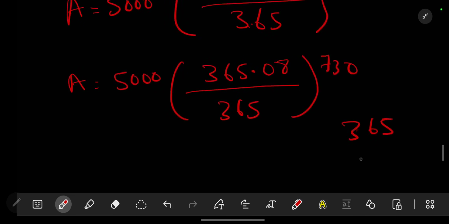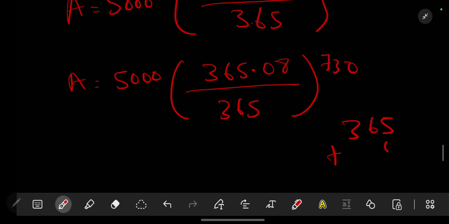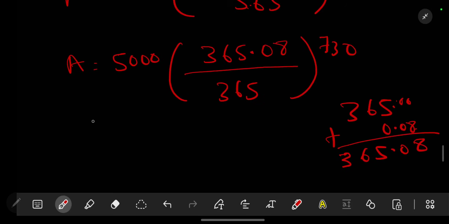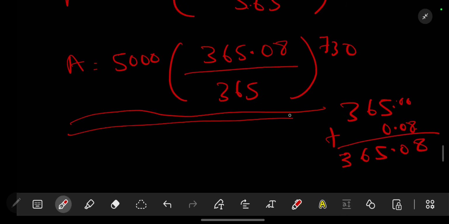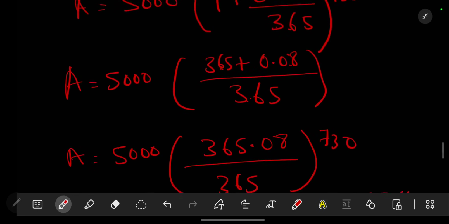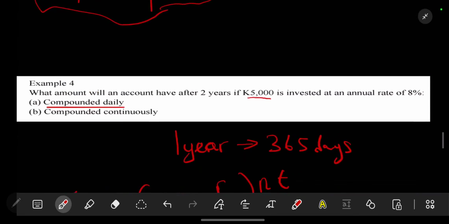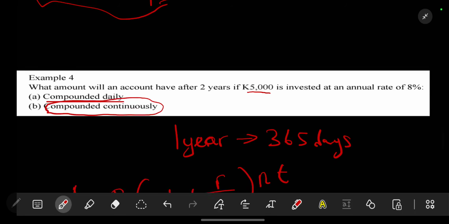Just as a confirmation, adding 0.08 gives 365.08, and so on. So this is the answer for compounded daily.